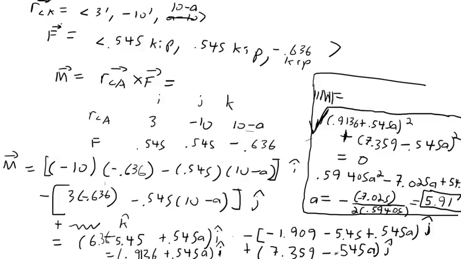Negative b over 2a for the vertex of a parabola is just the first derivative of y equals ax squared plus bx plus c. y prime is 2ax plus b, set this equal to 0, so x is negative b over 2a. That's where that comes from. It's just a very simple application of first-order derivatives. All right, questions on that?